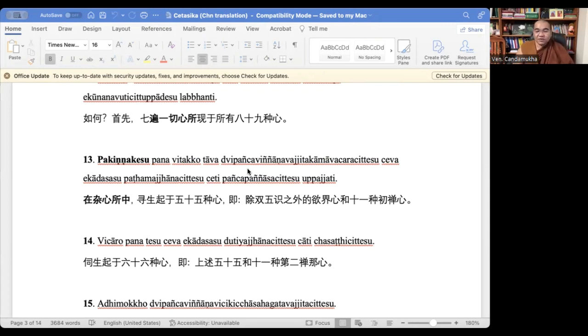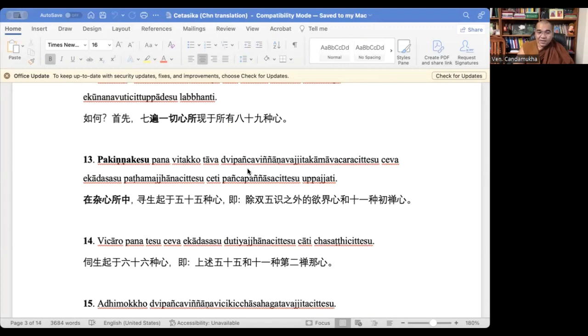The rising of the eye consciousness is so obvious. That's why naturally in the Dvipancavinnana Cittas, Vitakka is not necessary, and does not associate.